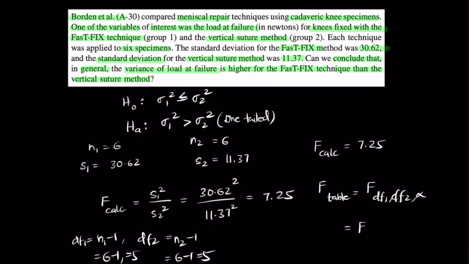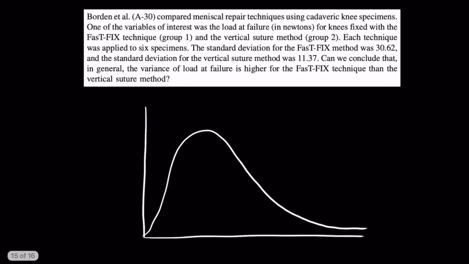So we have 5, 5, 0.05. When you take the F table value for this, that value is going to be 5.05.